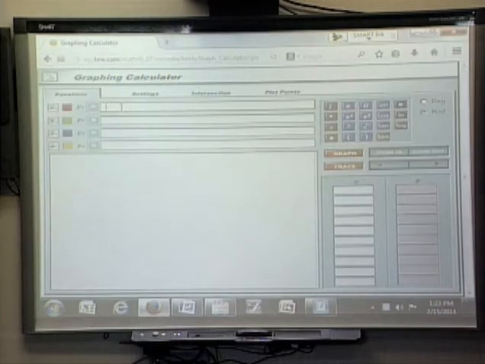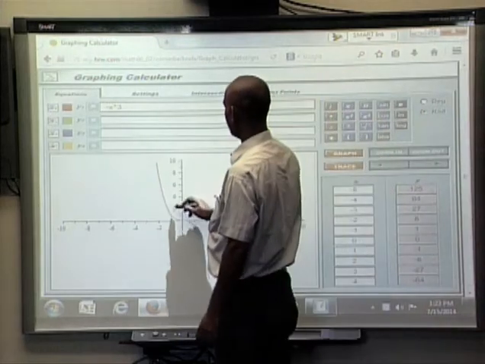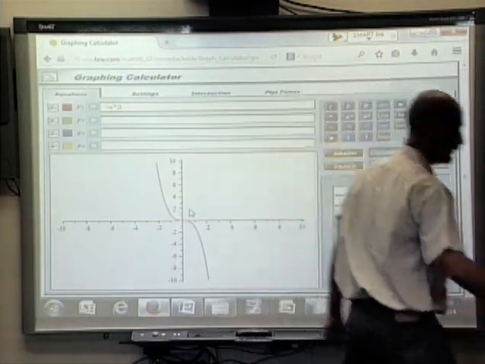So, we want to graph odd degree, so x to the 3, and the leading coefficient is negative. So, I will just make it negative. The graph will come from the positive infinity and it will go towards the negative infinity.